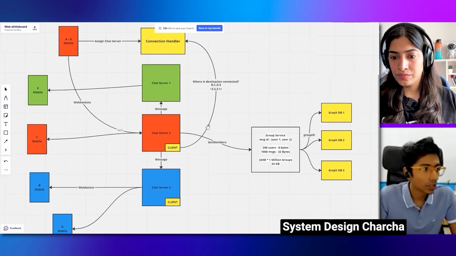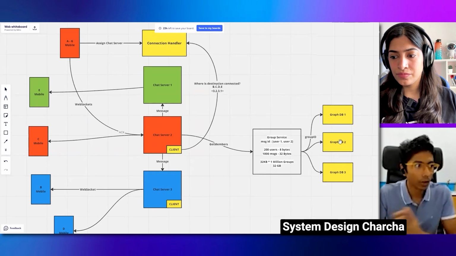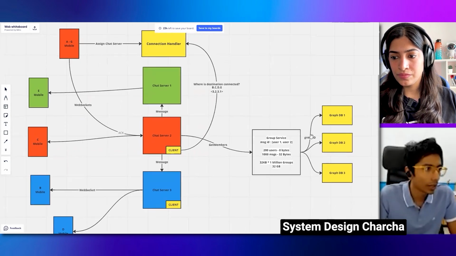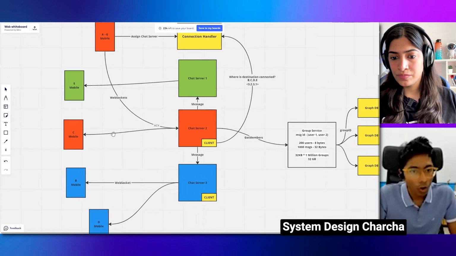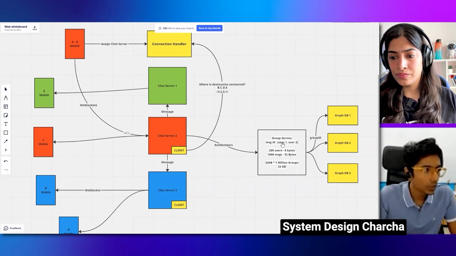Hard part was group messaging. We talked about how the groups can be stored in databases, who is part of which groups. We're sharding by group ID because that's the more common type of query: a group contains which members. And once we get all read receipts from all members for a message from their clients, we then update the group service.